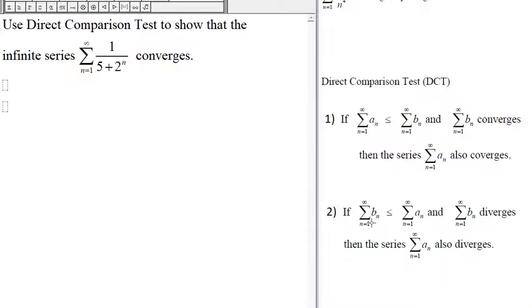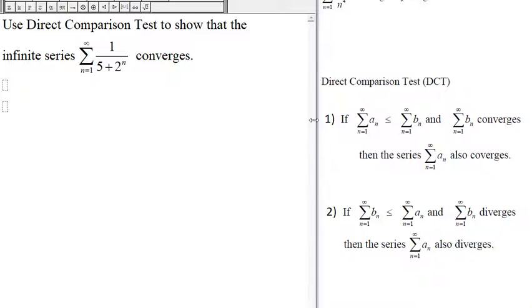And then it also says that if the series B sub n is less than or equal to A sub n, and if the series B sub n diverges, then the series A sub n diverges. And for this particular example, we want to show that the series 1 divided by 5 plus 2 to the n converges.